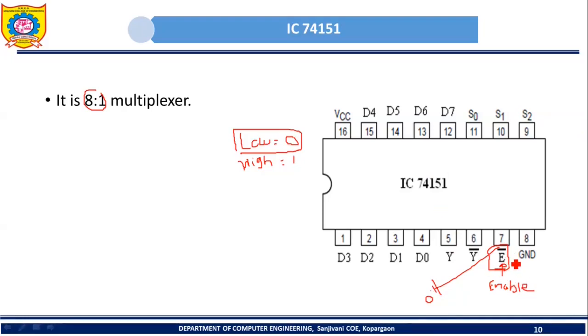If you connect pin number 7 to logic 1, what is going to happen? This IC will be disabled. It is not going to perform any operation. Then which pins are remaining? Pin number 8 of this IC should be connected to ground, and pin number 16 should be connected to VCC. So this is about 74151.